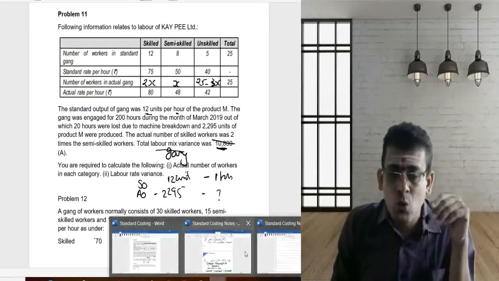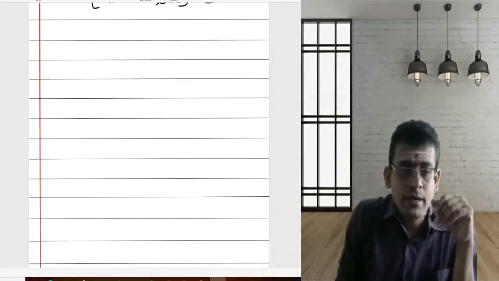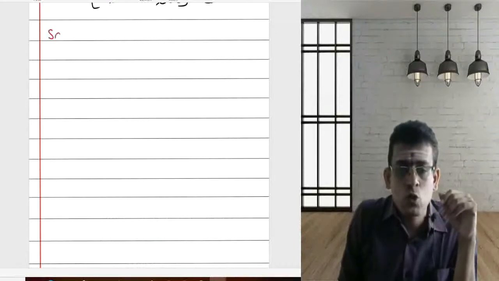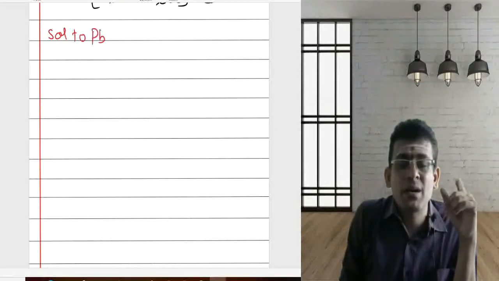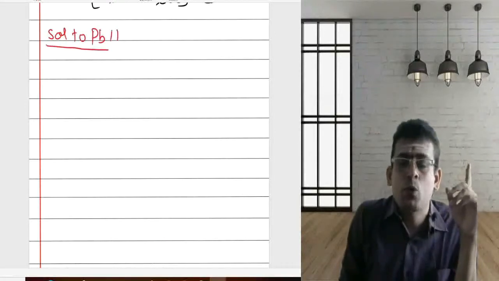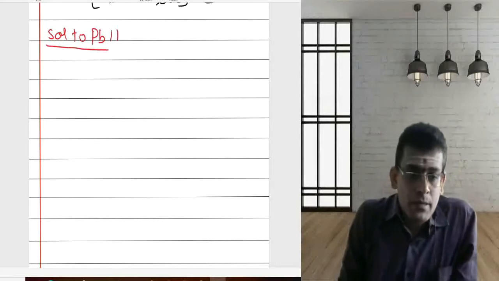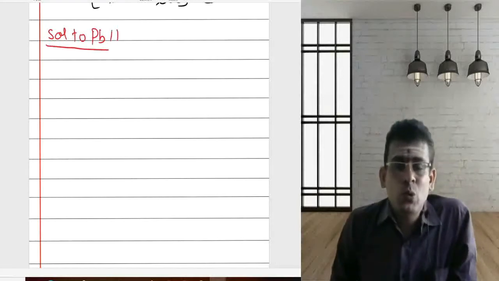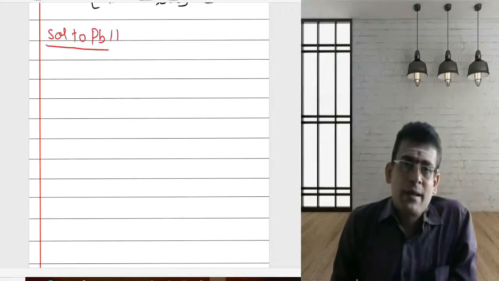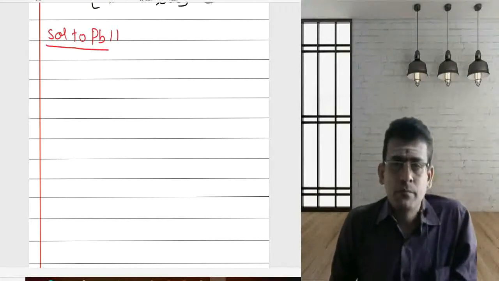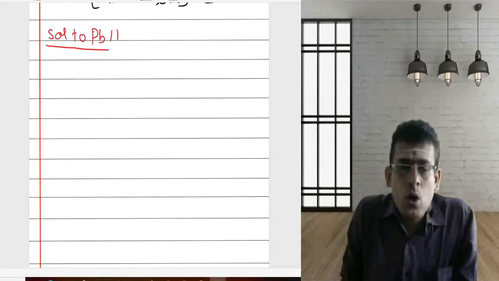So now let us go to your solution sheet. There let us put the heading: solution to problem number 11. Now he is asking you 2 things. One, number of workers. Other one, rate variance. I should not disturb the pattern.